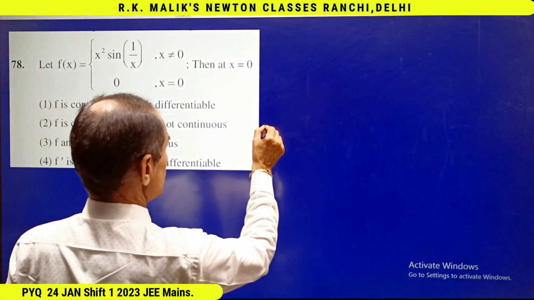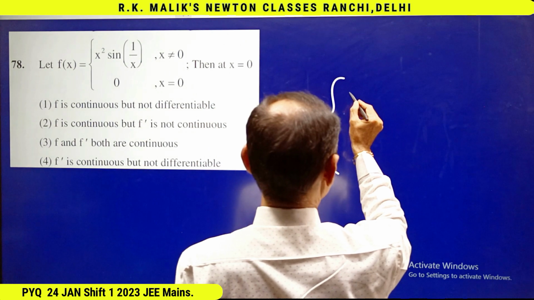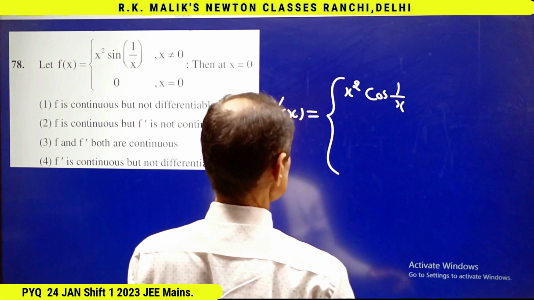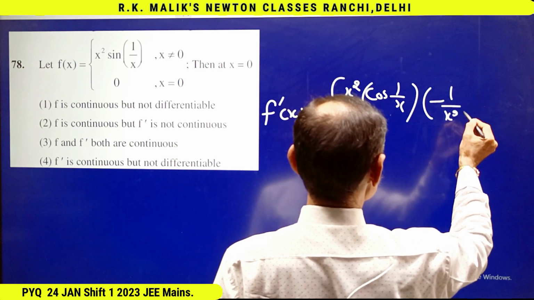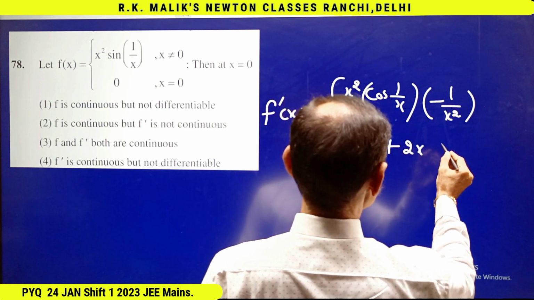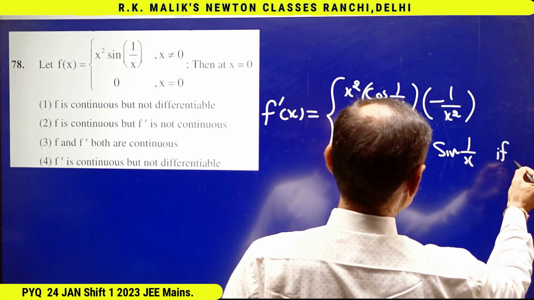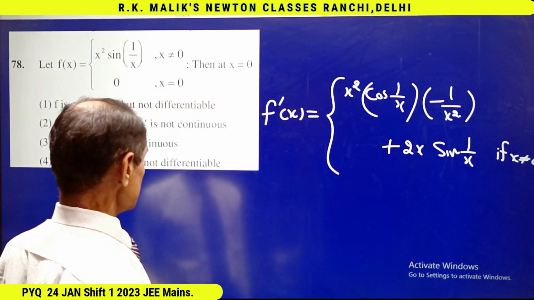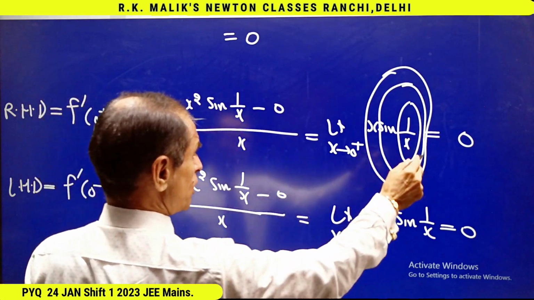Hence, I conclude that f dash x is equal to x square cos 1 by x into the derivative of 1 by x, which is minus 1 by x square, plus 2x sine 1 by x, if x is non-zero. And at x equal to 0, we have already found that the right hand derivative and left hand derivative are both 0.